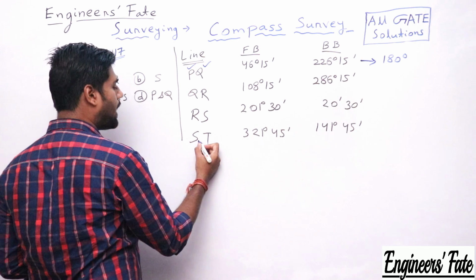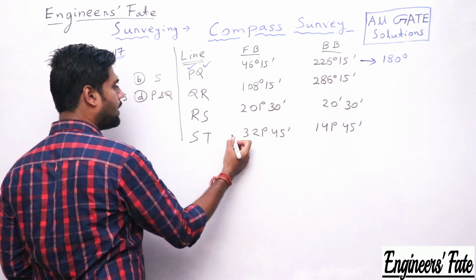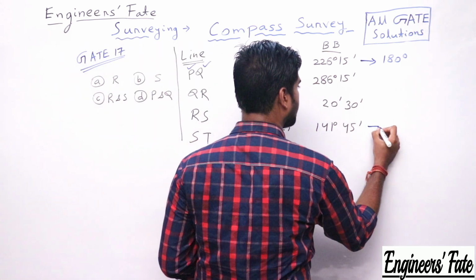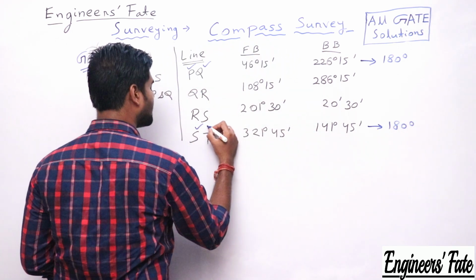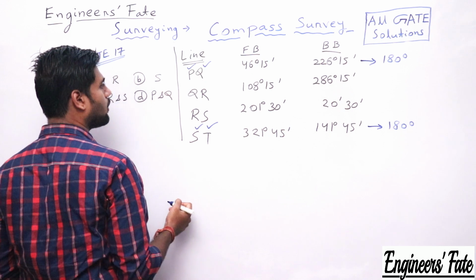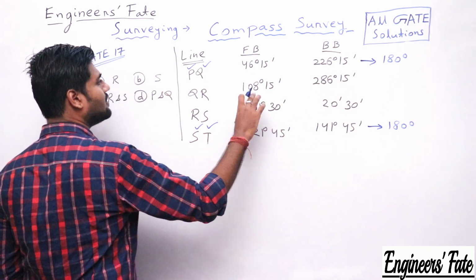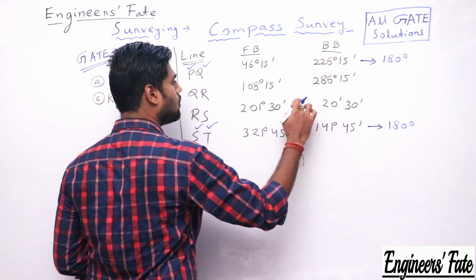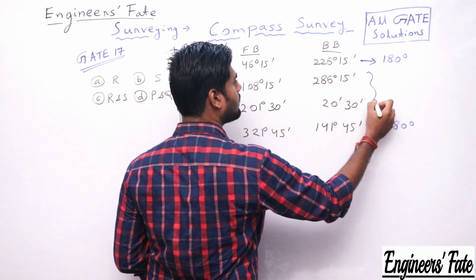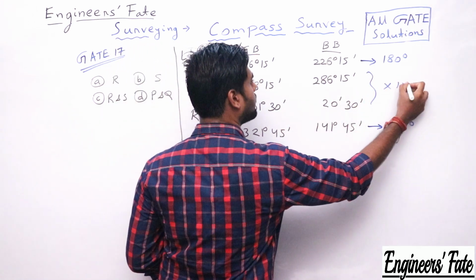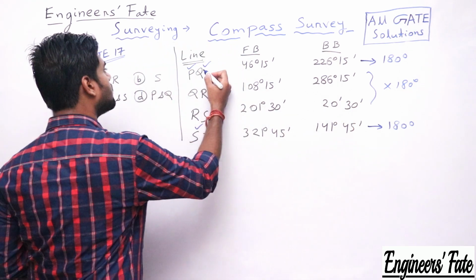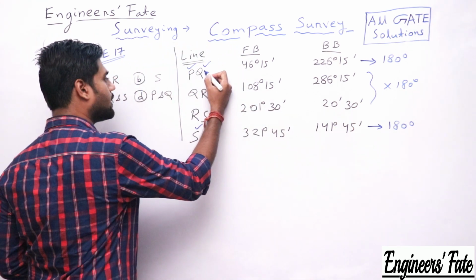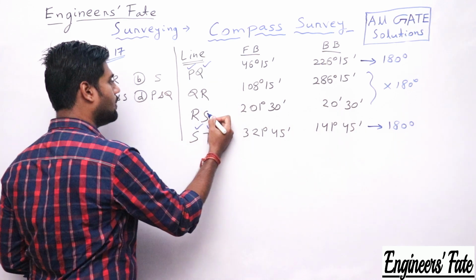Again, if you find the difference of fore bearing and back bearing of ST, you will get 180 degree. So station S and station T are free from local attraction. If these differences are not equal to 180 degree, it means error is present. So station Q is free from local attraction and station S is also free.